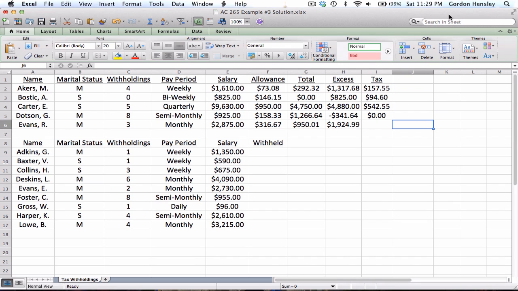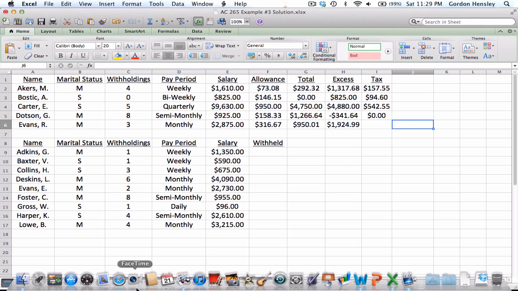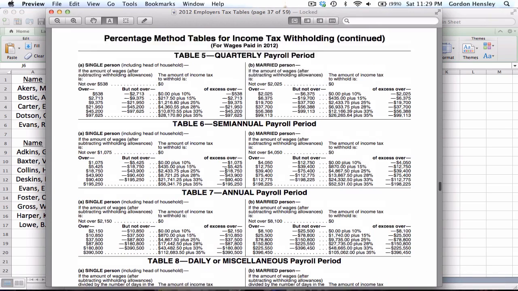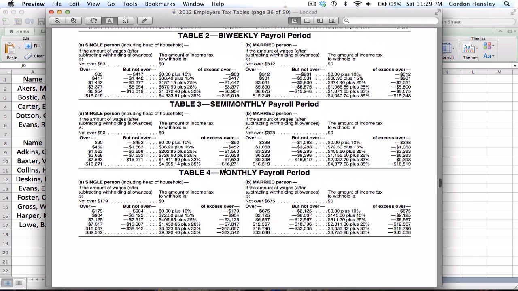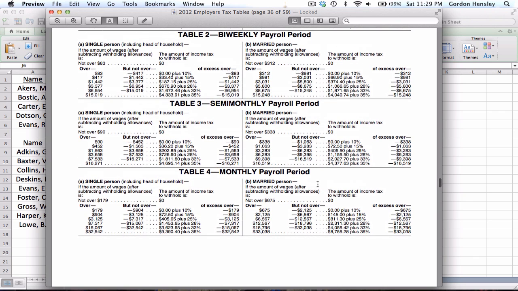And then the last person on this first set of problems, they are married, monthly, $1,924.99. So I'm looking for married monthly. Well, monthly table is table 4. Married would be the right side, part B. So I'm looking at 4B.